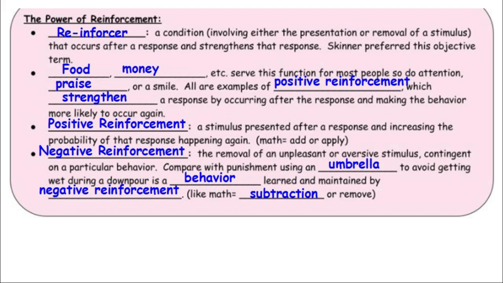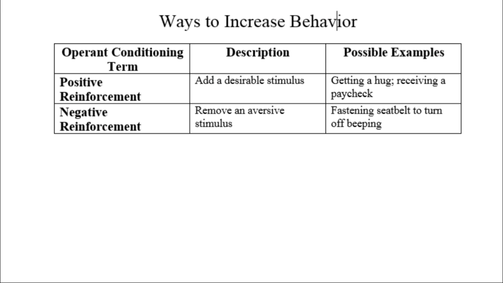But the thing to remember is that negative reinforcement is not a punishment. You're removing something aversive, and that might actually not be such a bad thing. You're probably going to continue using an umbrella when it rains if you're going to continue to be dry. So, ways to increase the behavior.